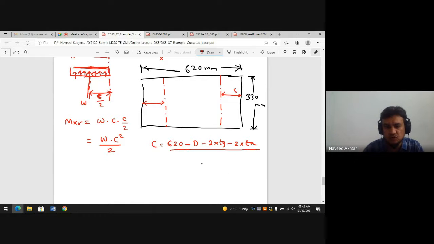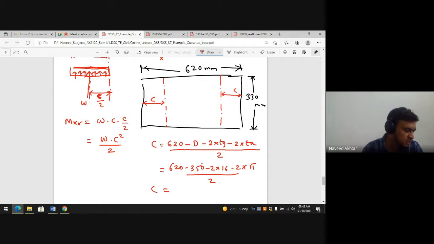Why divided by 2? Only one side we are taking, since both sides full length are taken. So C equals 620 minus 350 minus 2 times 16 minus 2 times 15, divided by 2. The value of C will be 104 mm.